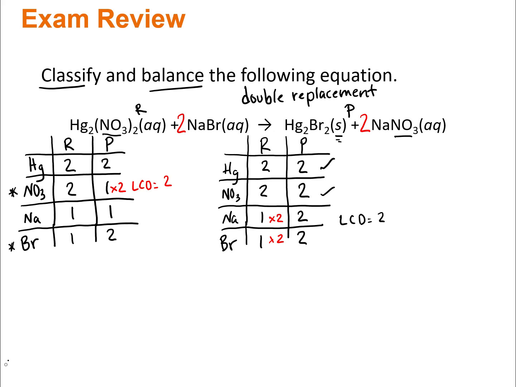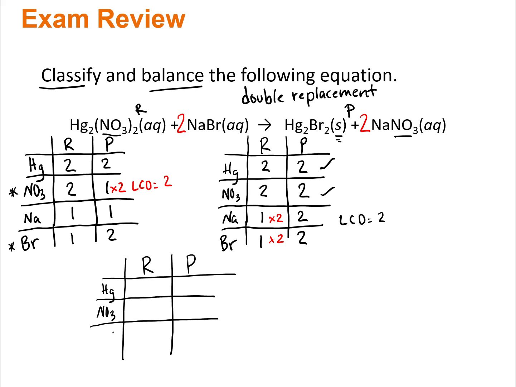Then we take a final tally. We should be balanced after this. And if we're not, then we need to recheck some things. So we've got our 2 for the mercury and the nitrate. We haven't changed that.